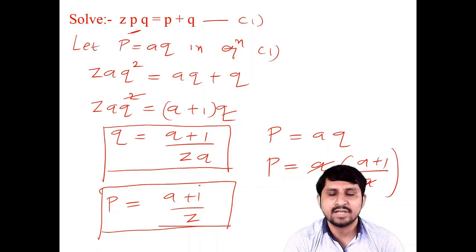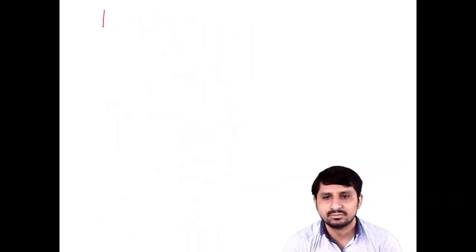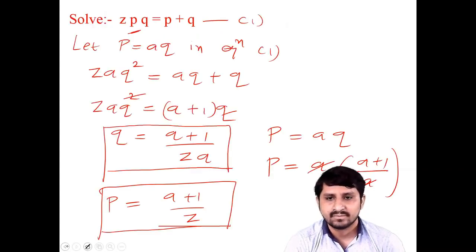Now put these two values in our equation dz is equal to p dx plus q dy. We know that dz is equal to p dx plus q dy. The value of p is a plus 1 upon z, and the value of q is a plus 1 upon z into a.